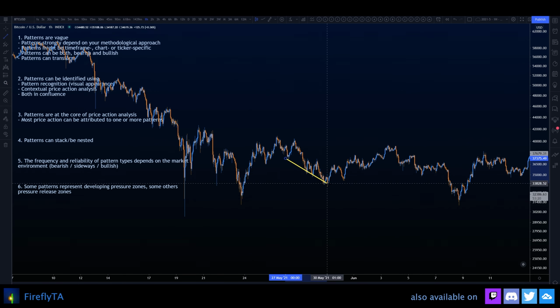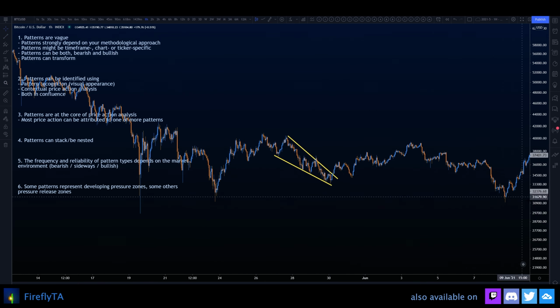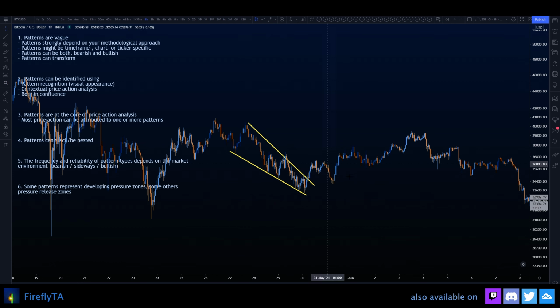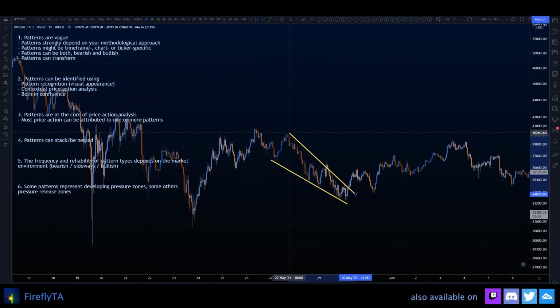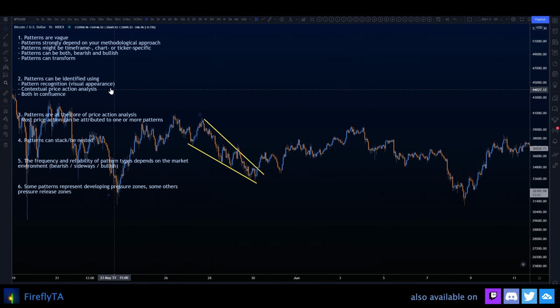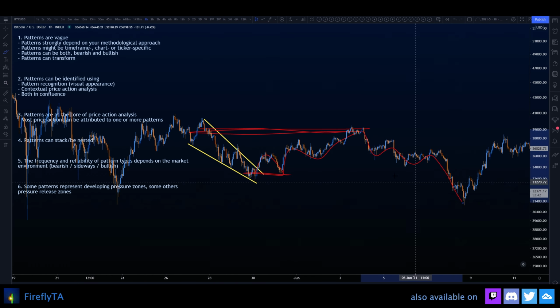So we got this one, for example. Also some kind of falling wedge. It is falling a little bit faster than the one we looked at before. But as you can see, we don't have bullish continuation higher in this case. We simply have a tiny breakout and then a retracement to the breakout level, and then a slight up move that didn't even reach the top of the structure, and then continuation lower.